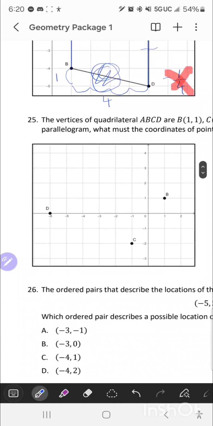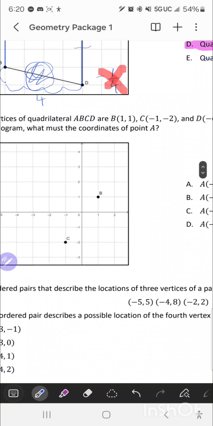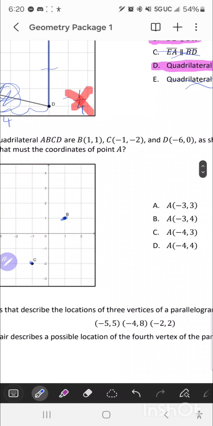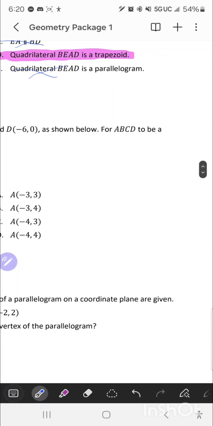Now, question 25. The vertices of quadrilateral ABCD are 1, 1, negative 1, 2, and negative 6, 0, as shown below.